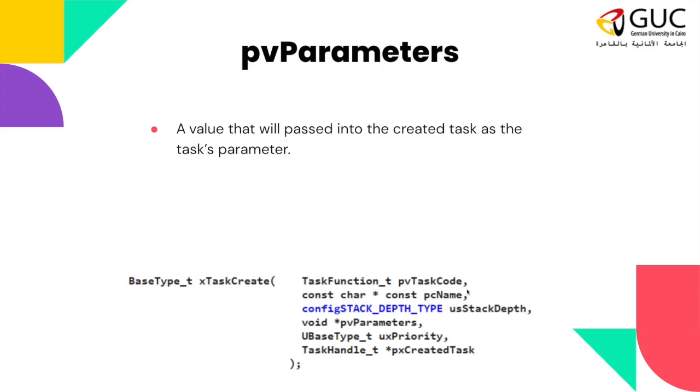And by the way, both will be given the same task code, because they both use the display function to print. So both tasks will have the display function as the first parameter. However, the second parameter we may call the first one printing hello world, the second one printing hi embedded systems.